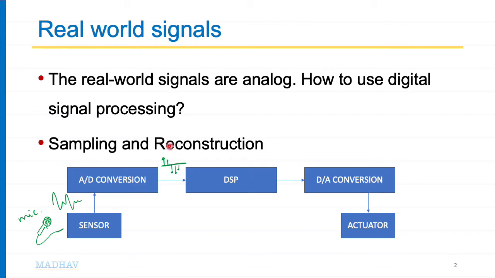So A to D conversion happens like this. And then I process it, maybe low pass filtering, high pass filtering, etc., whatever I want to do. And then I convert the digital signal into an analog signal by interpolating, for example. And then the actuator plays, for example, a speaker which is playing the audio.